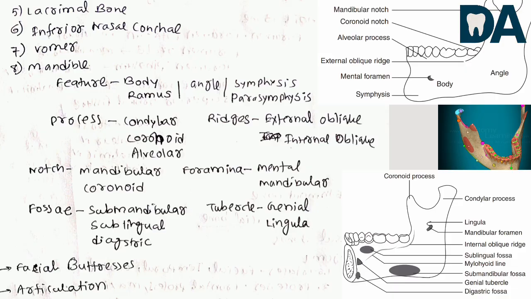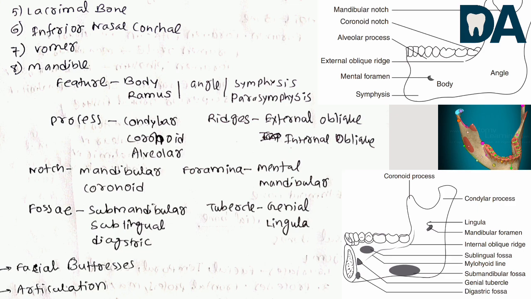What is the body? Body is the part of the mandible extending from the canine to the anterior border of the masseter muscle. Ramus. Ramus is a broad superior vertical extension from the posterior part of the body. Angle.